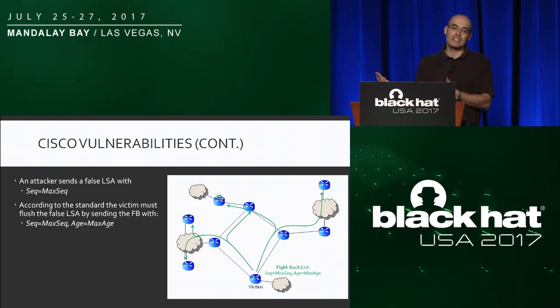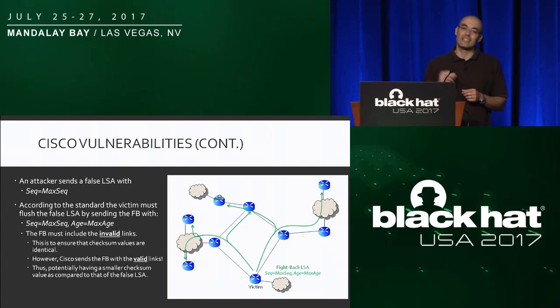And then in the second stage, the victim router will be able to send another fightback LSA with the correct information, with, for example, a sequence that equals 1, back to the minimum sequence. Now in this particular case, in this special fightback, the standard says that it has to include the invalid links as advertised by the false LSA, as advertised by the attacker.